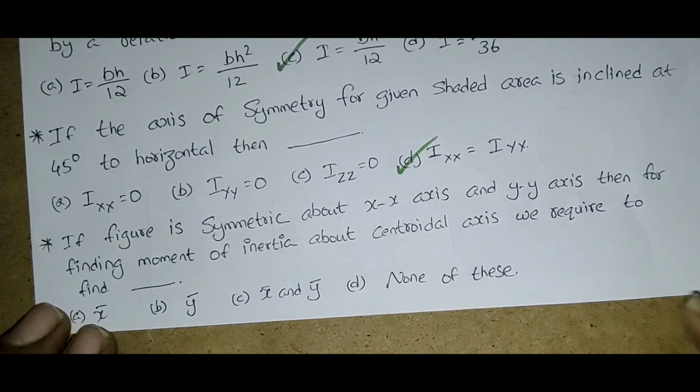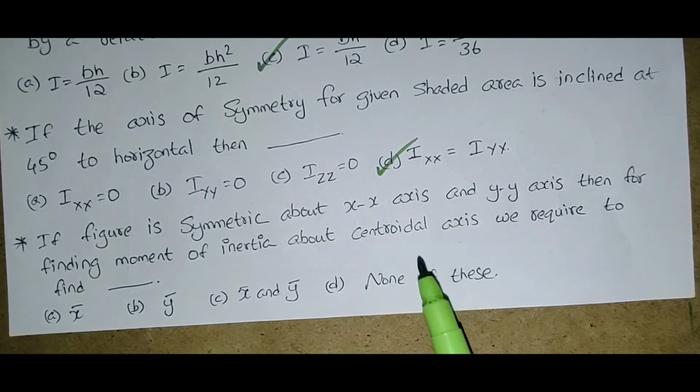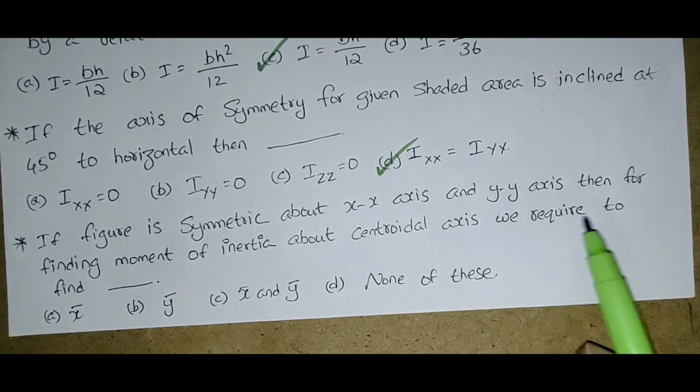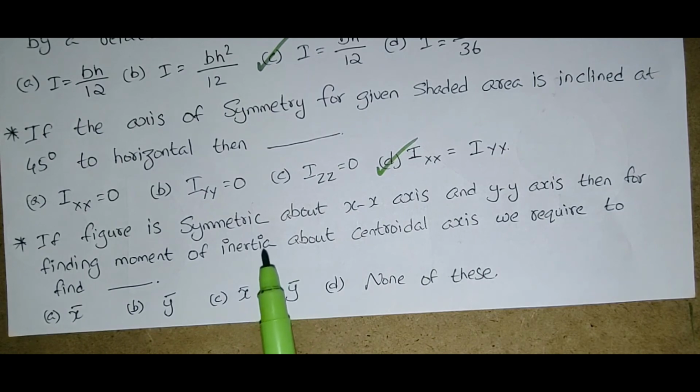Next, if figure is symmetric about x axis and y axis, then for finding moment of inertia about centroidal axis we require to find x, y, x and y, or none of these. So here if figure is symmetric about x axis and y axis, then for finding moment of inertia about centroidal axis we require to find x, y, x and y.